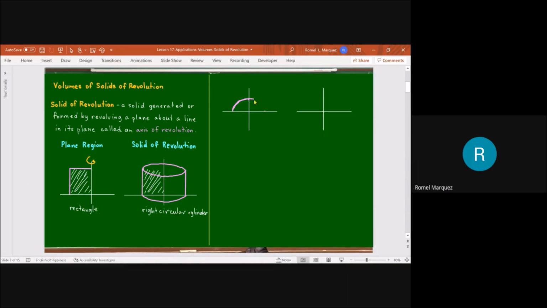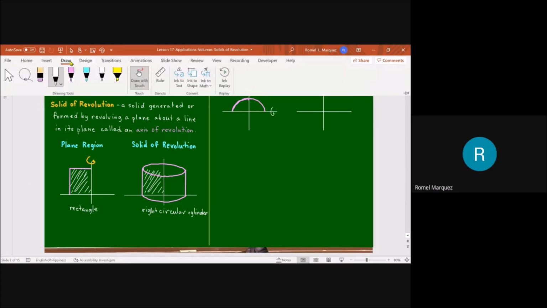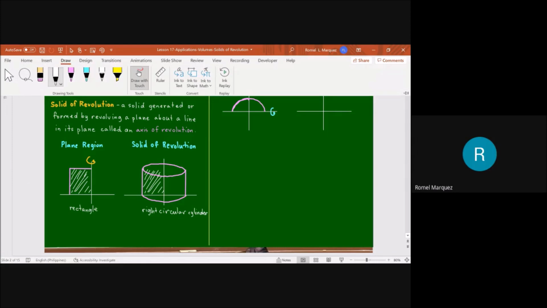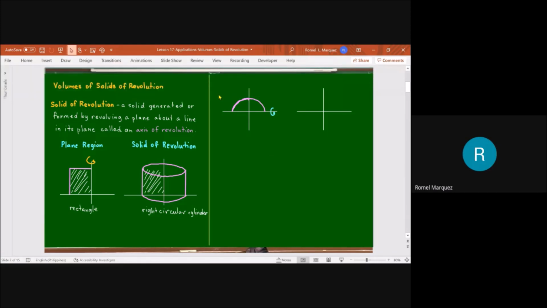Let's say this is my region, and assume that this is a semicircle of radius r. If you are going to revolve or rotate it about this line, what do you think will be formed, guys? Sphere, no?